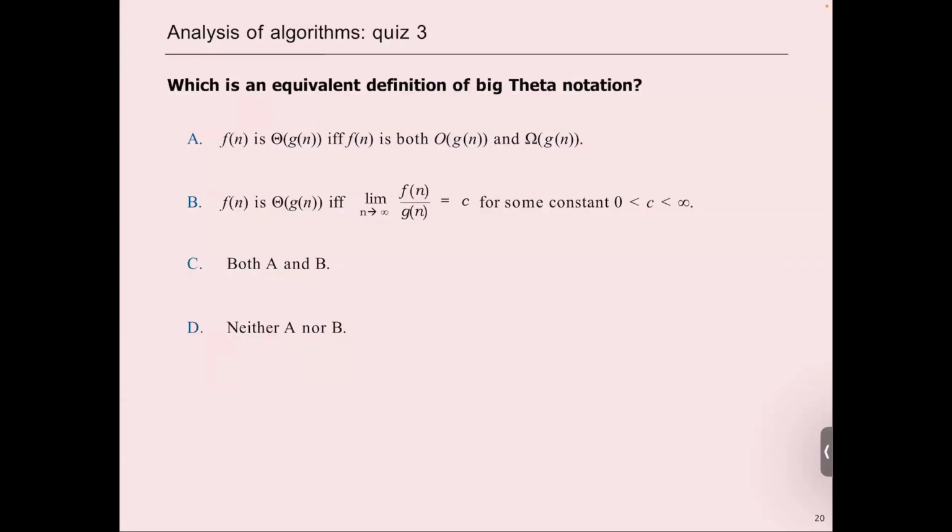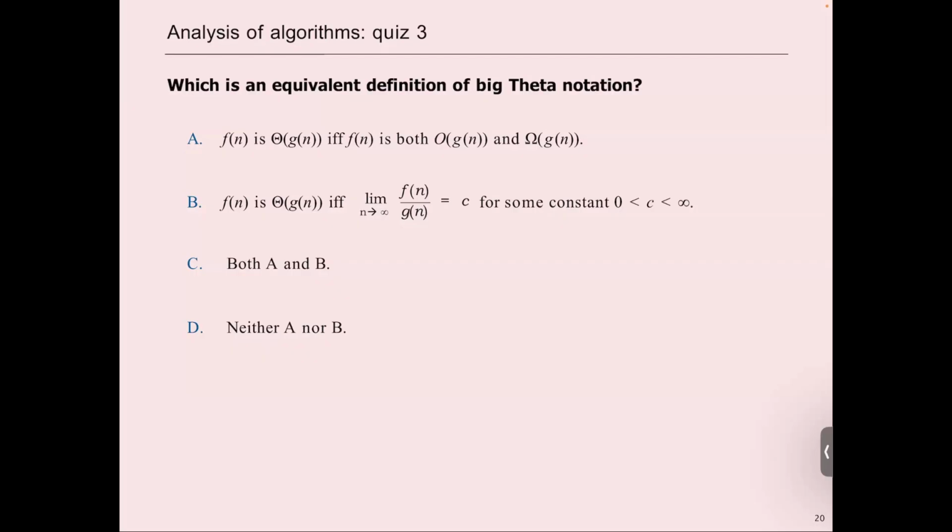So another quiz. There are two especially useful ways to think about theta notation. What are equivalent definitions of big theta notation? Take a look at these examples, and either both of them are true, neither of them are true, or only one is.